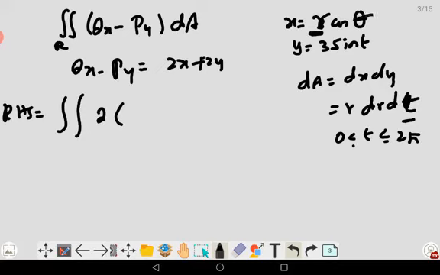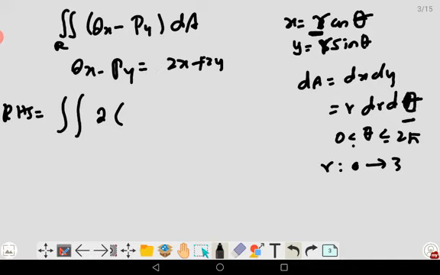Take r cosine θ in parametric form. The limit of r is 0 to 3, and θ is between 0 and 2π. What happens here? We keep this r as it is in parametric form, and then we substitute the limit of r, r is 0 to 3.